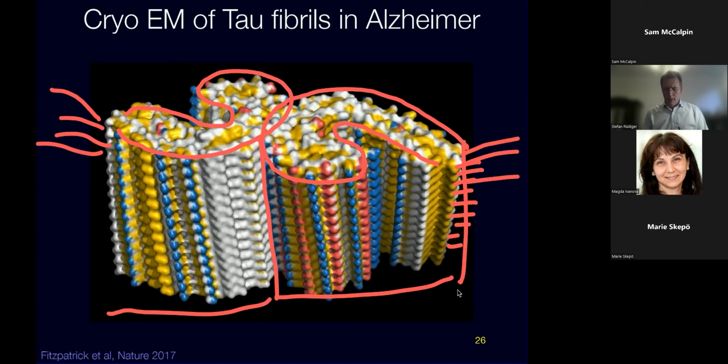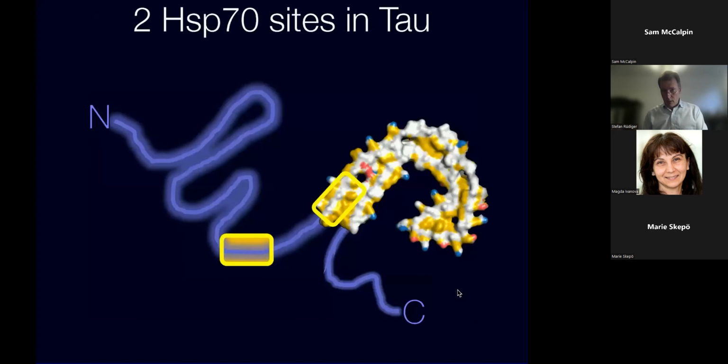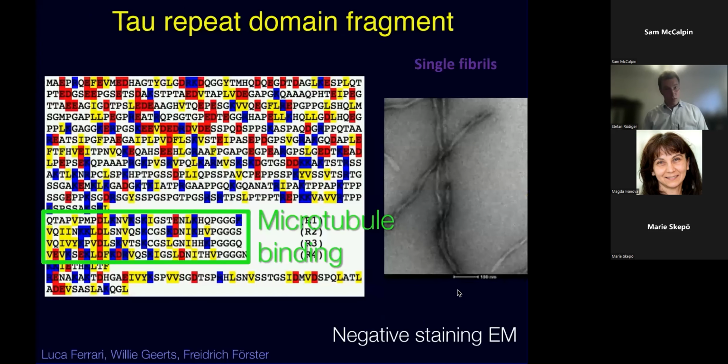Now, when we look at that part of the tau protein, it's actually quite interesting to see that we do have two HSP70 binding sites, one at the end of the fibril, one in the disordered part of the protein. So now we wonder, can we actually disaggregate these fibrils with the HSP70 machinery?